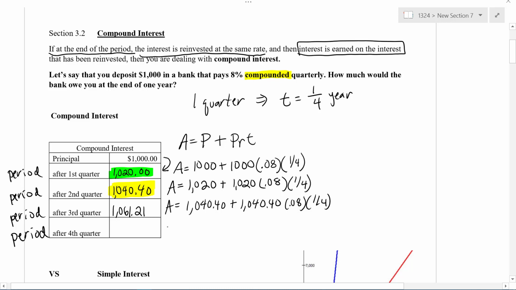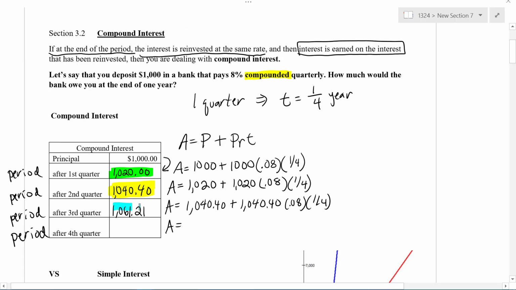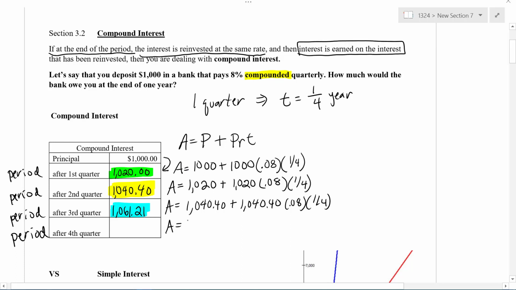All right, so what happens at the end of the fourth quarter? What's going in as the principal now is what was sitting in the bank at the end of the third quarter. So the P value for that fourth quarter is $1,061.21, at the interest rate of 8%, again for 1 more quarter, so 1 more period.